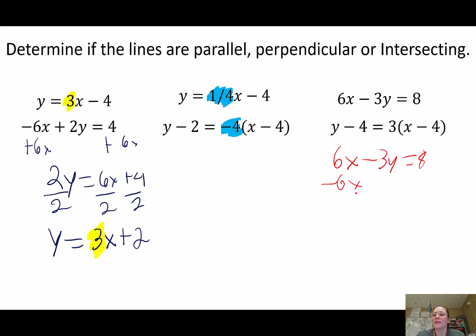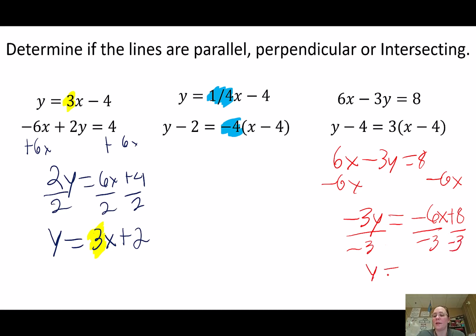I'm going to minus 6x on both sides. I've got -3y is equal to -6x plus 8. Now I'm going to divide everything by -3. And I get y is equal to 2x minus 8/3.